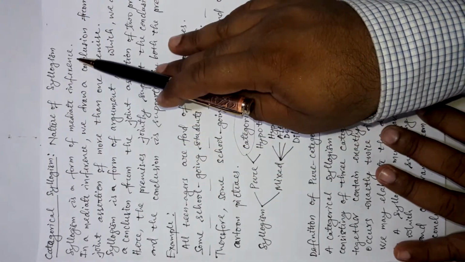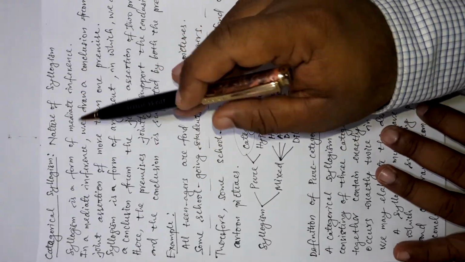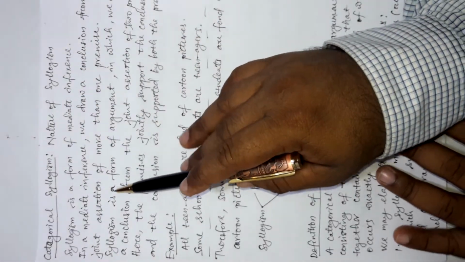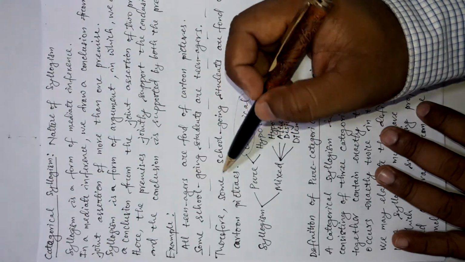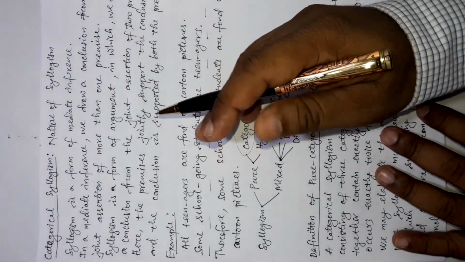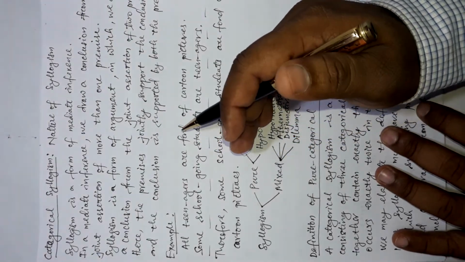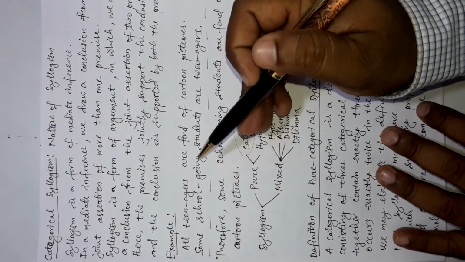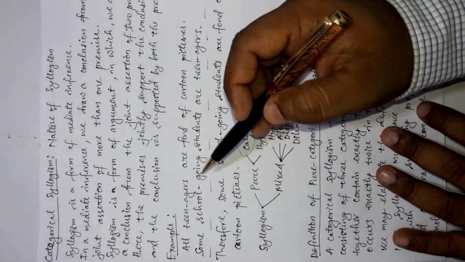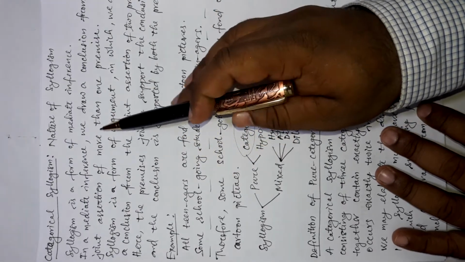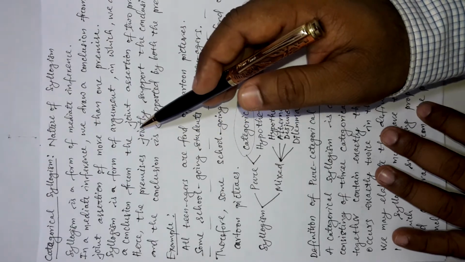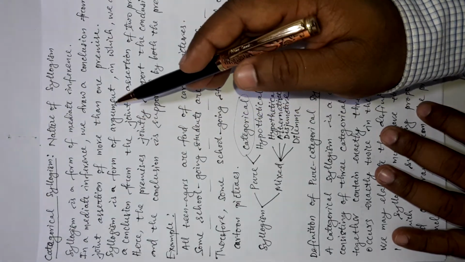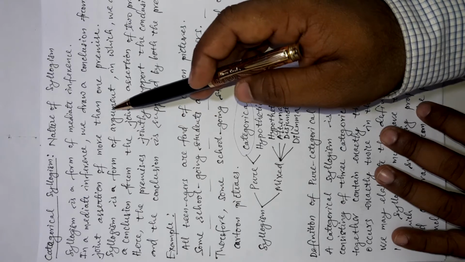Now, what is mediate inference? Mediate inference is a type of argument or inference where the premise part contains more than one proposition. That means if one proposition is one premise, then mediate inference contains two or more premises with a single conclusion. The conclusion is always single.